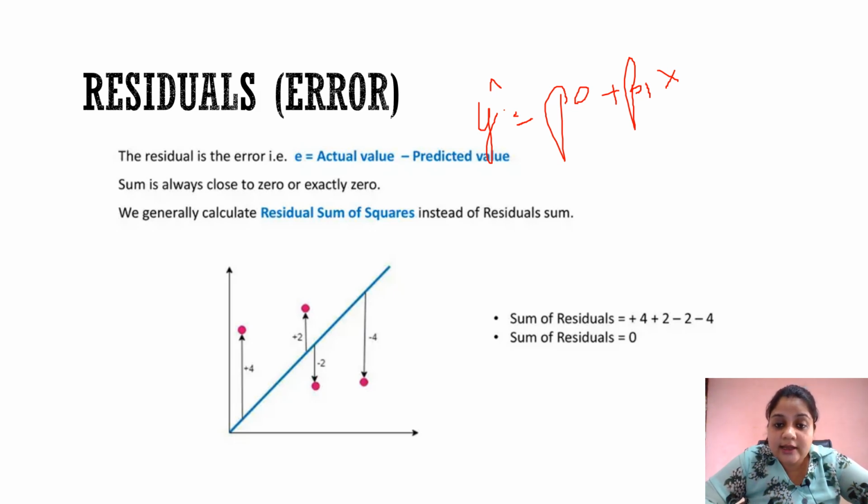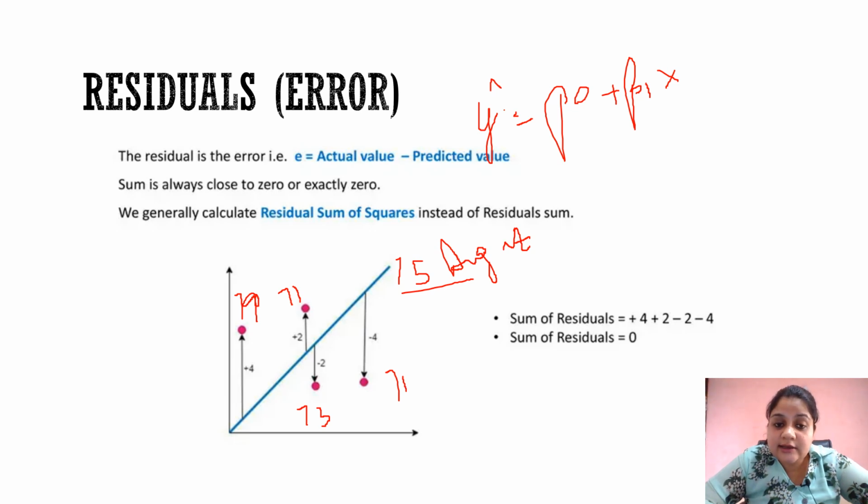Let's say we have an example of weights of people, and this blue line represents the average weight of a person, that is 75 kg. This is the predicted value. Based on the actual data set, let's say person 1 weighs 79 kg, person 2 weighs 77 kg, person 3 weighs 73 kg and person 4 weighs 71 kg.